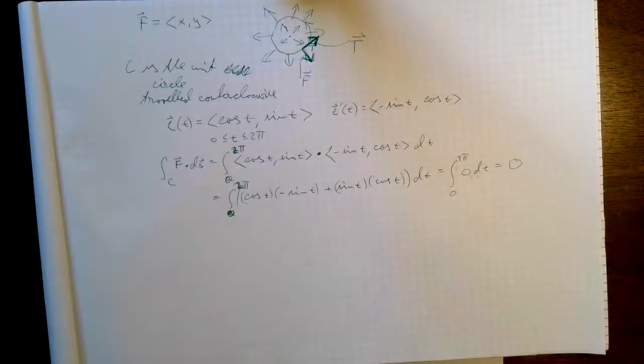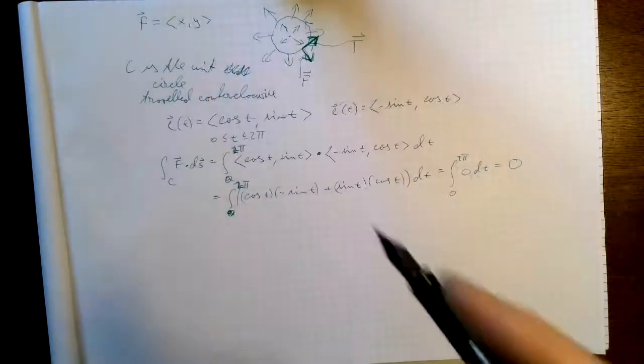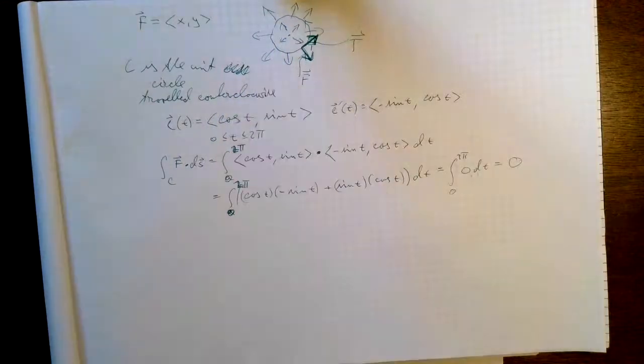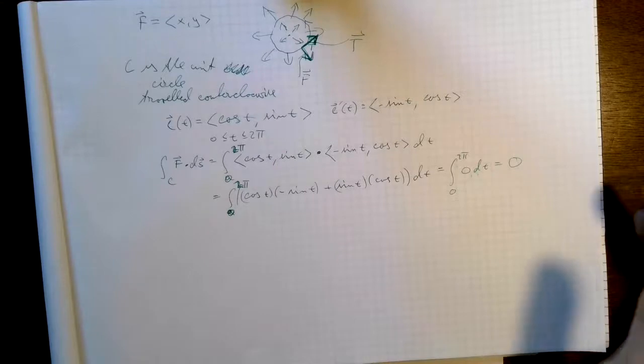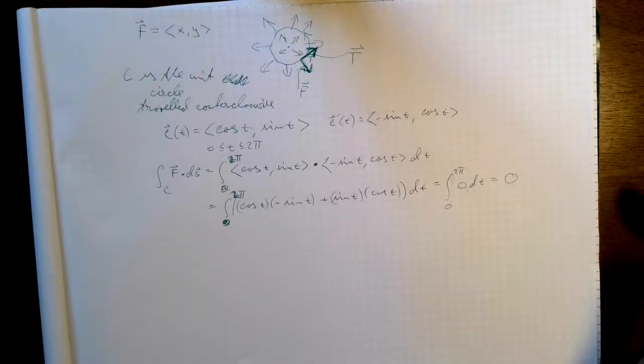It's sort of like inverse gravity, right? If this was pointed towards the origin, you would get the same thing. It would again be orthogonal. It's sort of when you're running around on the surface of the Earth, the gravity is not really doing any work on you.